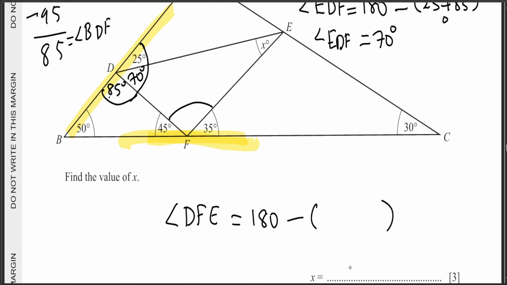It's going to give you 80. 45 plus 45 gives you 90. So 180 minus 80 is going to give you 100 degrees. So basically, this is 100 degrees.